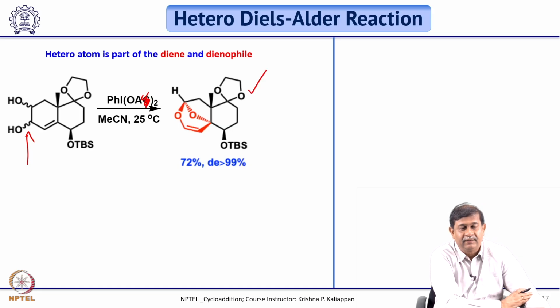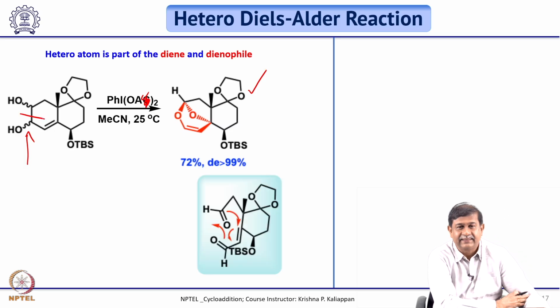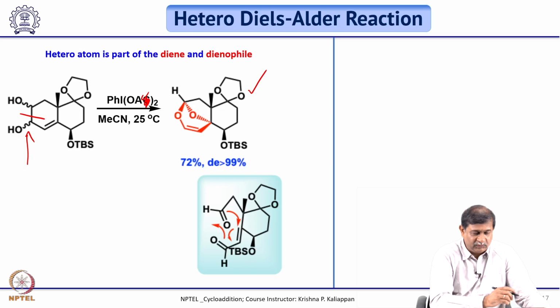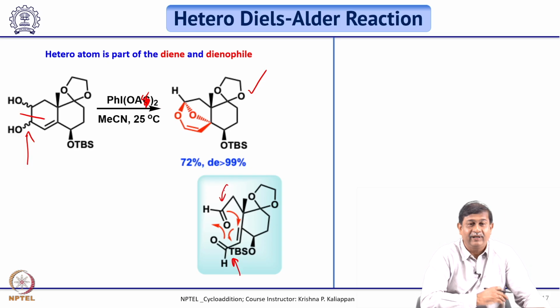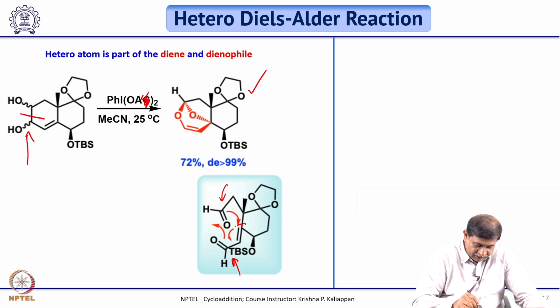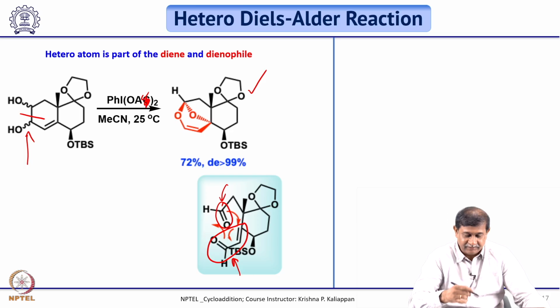Okay. So how does it happen? So basically this diol is cleaved to get this side alpha beta unsaturated aldehyde and that side also an aldehyde. So now if you look at this portion acts as diene and this acts as dienophile. So these two undergo an intramolecular 4+2 cycloaddition reaction, okay, to give this product.